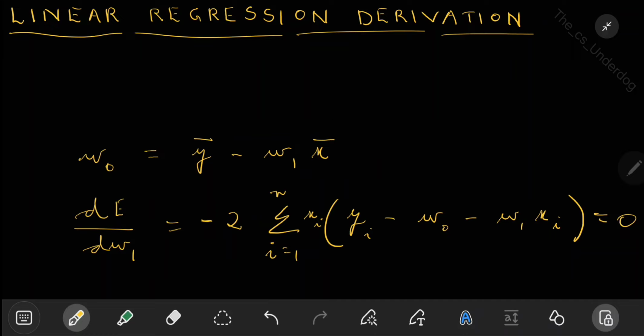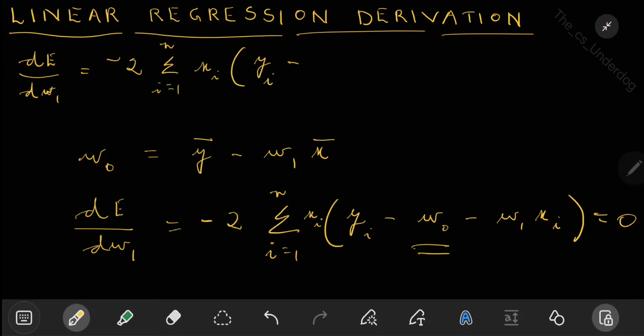So now you can substitute this w0 here. Then what will it become? dE by dw1 will become minus 2 into sigma i equal to 1 to n. Then this xi term will remain as it is, xi into (yi minus, what is w0?